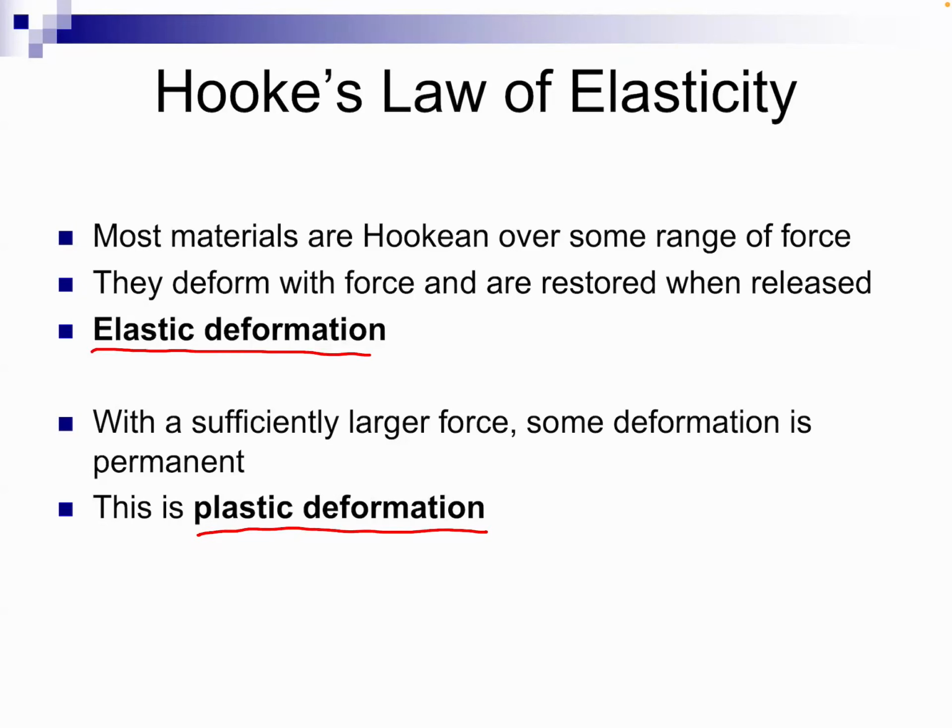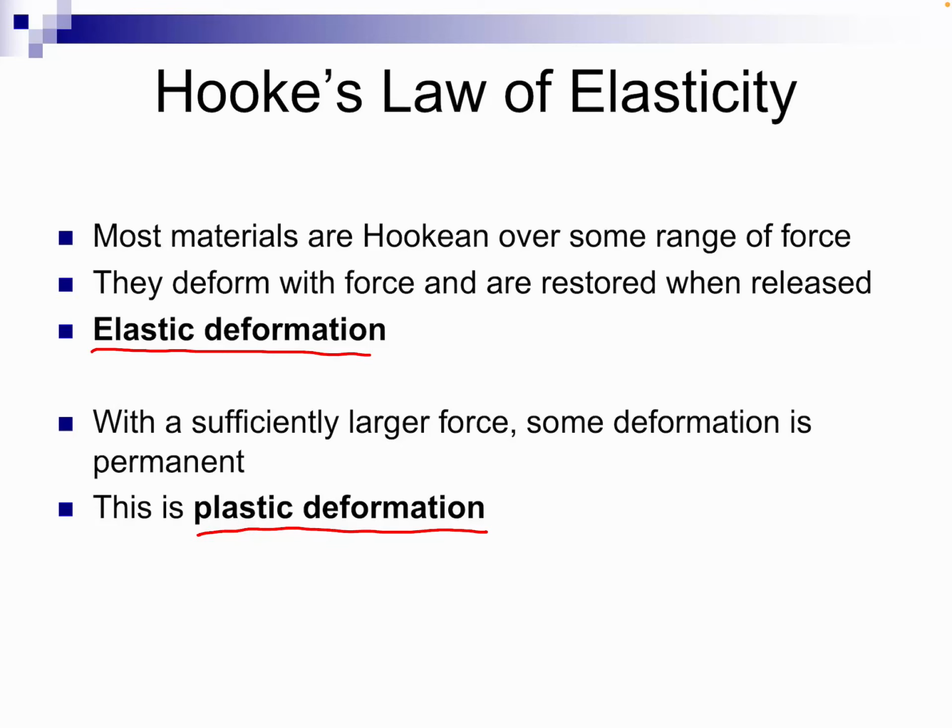So the difference between elastic deformation and plastic deformation is whether the material goes back to its original shape, in which case we call it elastic deformation. If the object remains deformed even if we remove the force, then that's plastic deformation.